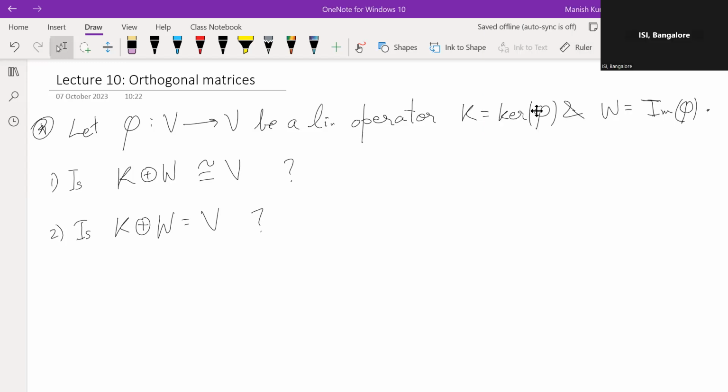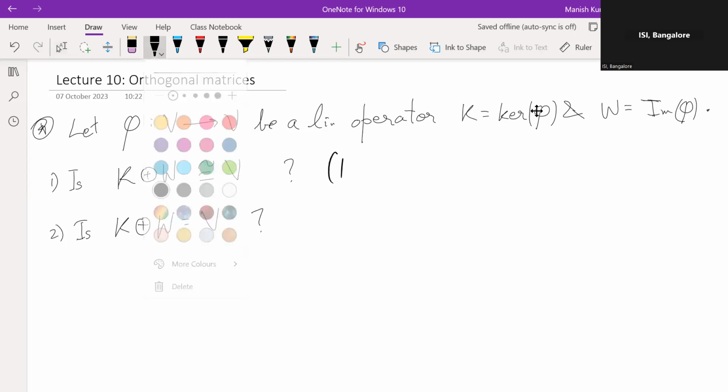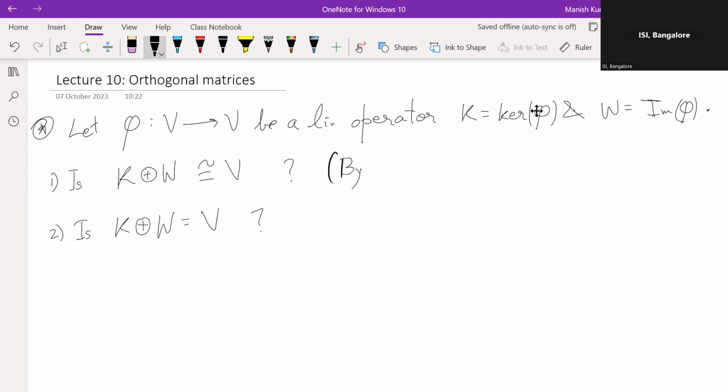By the first isomorphism theorem, we know that V mod K is isomorphic to W. So this tells us that V is isomorphic to W direct sum K if we think of it as an external direct sum.